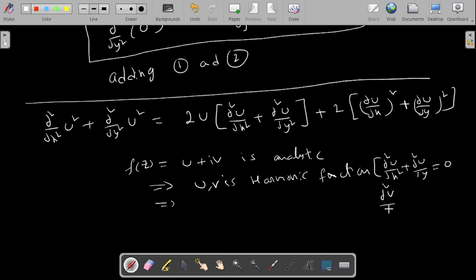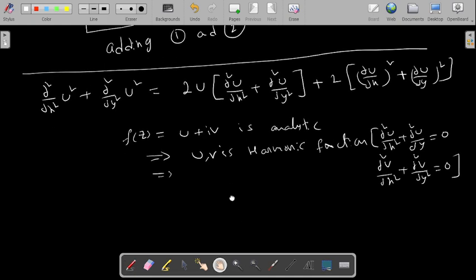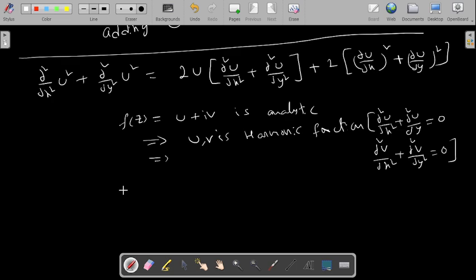Similarly, ∂²v/∂x² + ∂²v/∂y² value will be 0. When analytic, u and v are harmonic, meaning ∂²u/∂x² + ∂²u/∂y² is 0.